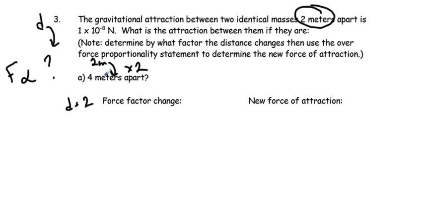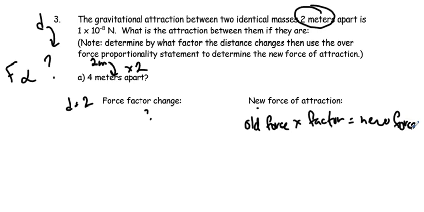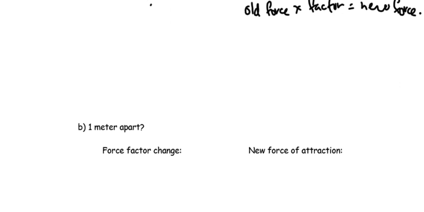Okay, now over here you'll say how many times bigger or smaller the force is, and then apply that to the old force. Old force multiplied by factor gives new force. There we go. All right. And then over here, 1 meter apart.